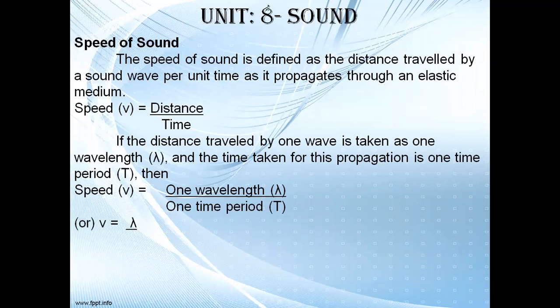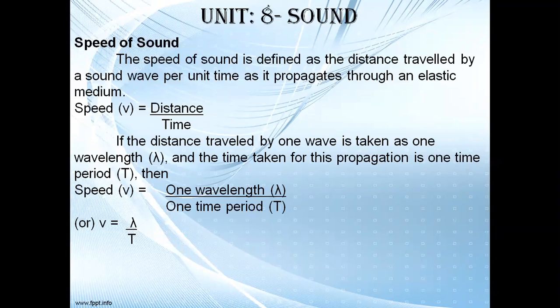Speed equals lambda divided by T. Already we know that speed equals distance divided by time. The distance traveled by one wave is the wavelength lambda, and the time taken is the time period T. So v equals lambda divided by T.